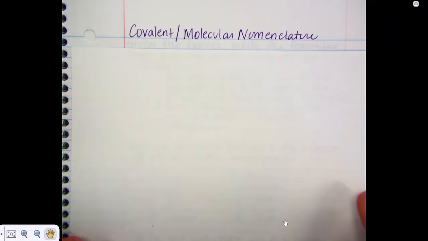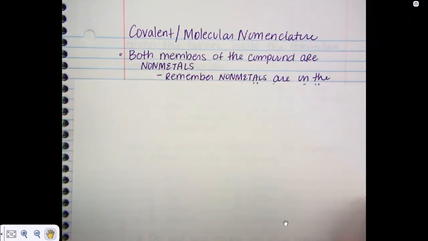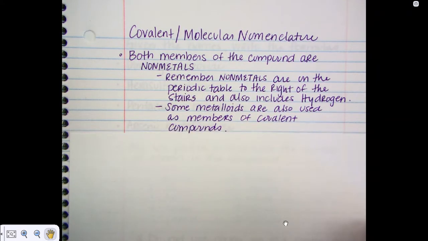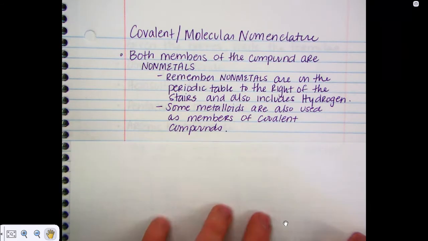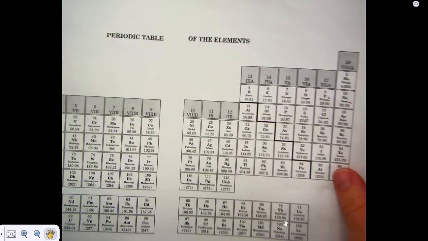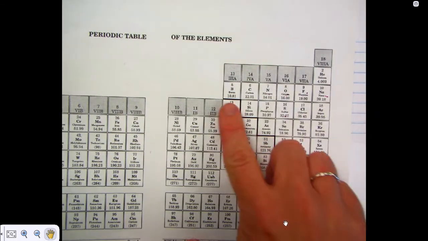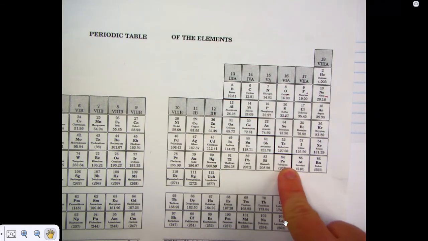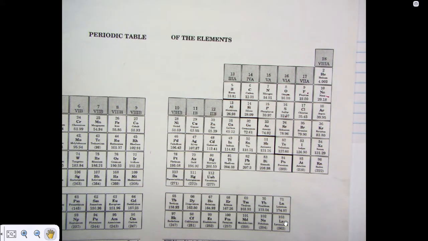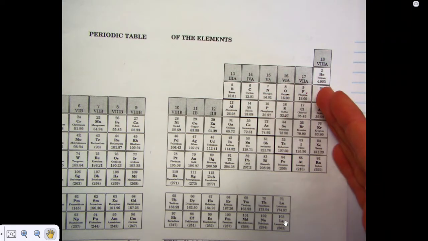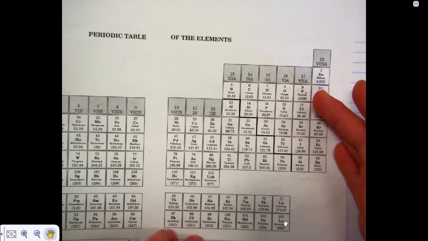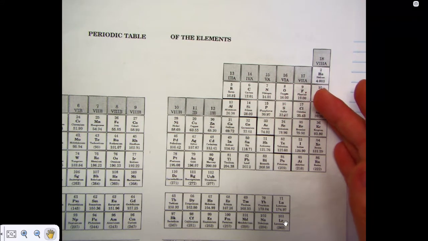So first of all, covalent nomenclature governs compounds where both parts of the compound are nonmetals. Sometimes metalloids will also make an appearance, but usually nonmetals. So when we say nonmetals, remember that if we look at our periodic table, we have this stair-step dividing line that separates the metals, which is everything to the left of that stair, from the nonmetals, everything to the right of that stair. And when we say everything, remember that is loose, because you do have some things that are in certain places based on their electron configuration.